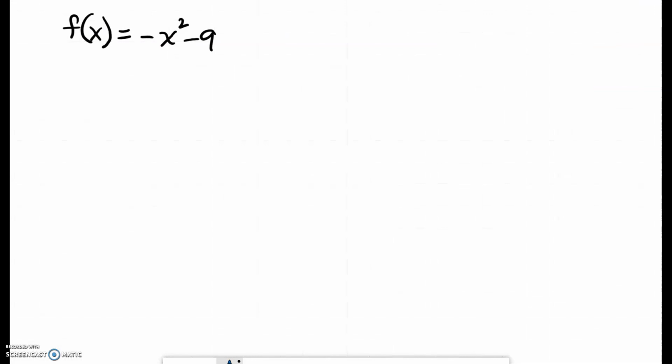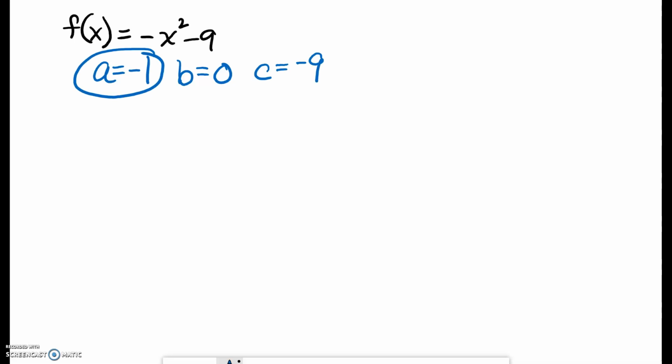So here we're missing our middle term. A equals -1. Because we don't have our bx term, b equals 0, and c, remember, is the constant, -9. So this is what we're going to need for our function. Let's calculate h. H equals -b over 2a.